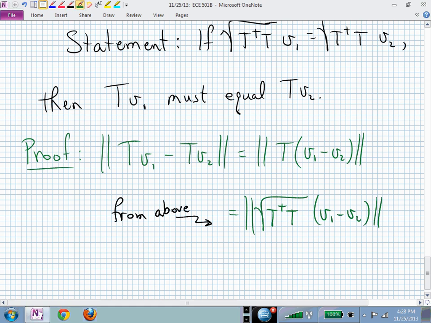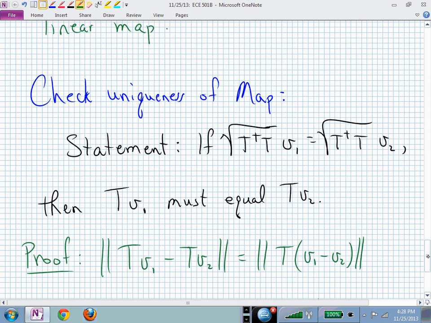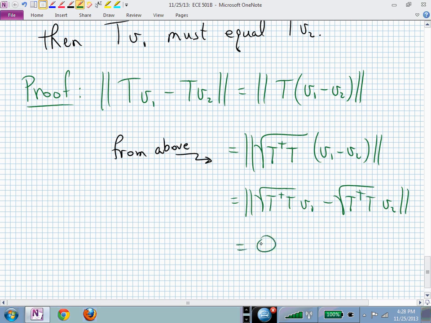But now we can just do the linearity again. We can say that's now equal to the norm of the positive square root of T dagger T V1 minus the positive square root of T dagger T V2. But in our statement, if the positive square root of T dagger T V1 is equal to the positive square root of T dagger T V2, then we know this last line is equal to 0.